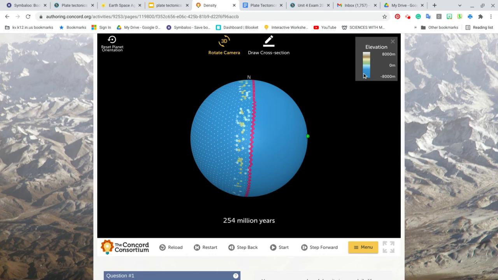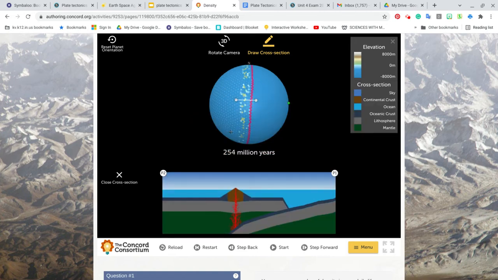So here's the elevation. It started very low, and now we have higher elevations. To make this easier, I'm going to do a cross section. Okay, there, cross section. There we go.